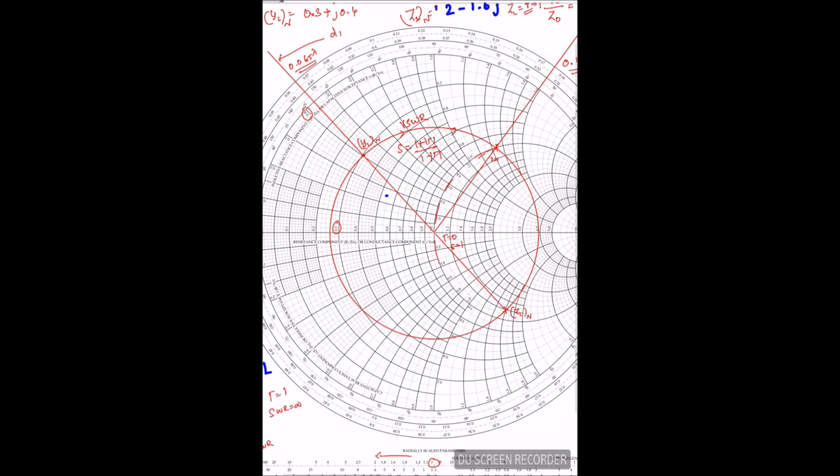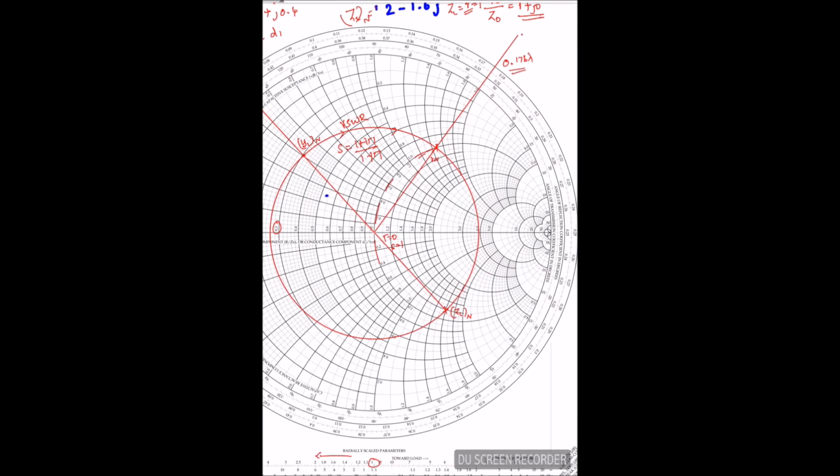So this point is the wavelength, approximately read here, at the r equal to 1 or g equal to 1 circle connecting with the VSWR, approximately 0.176 lambda. So here the wavelength is 0.065, and here the wavelength is 0.176.